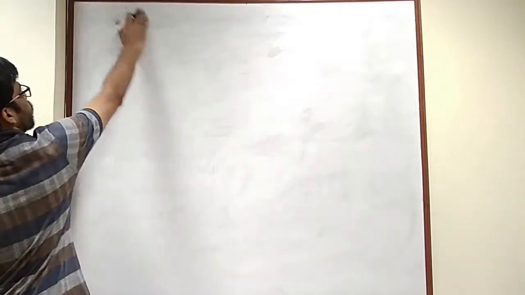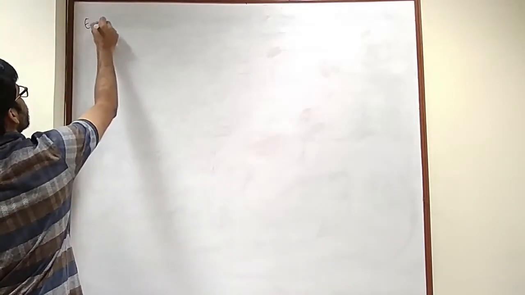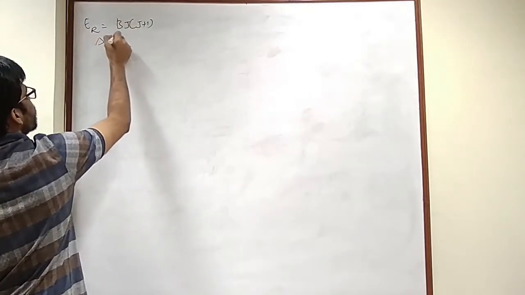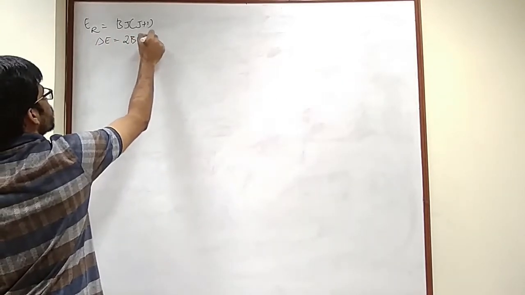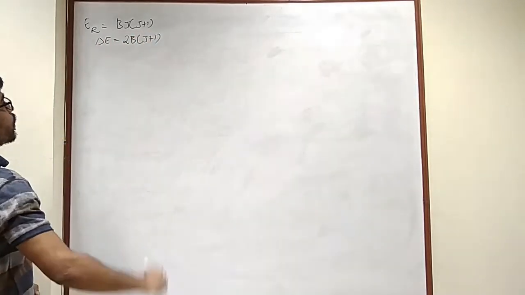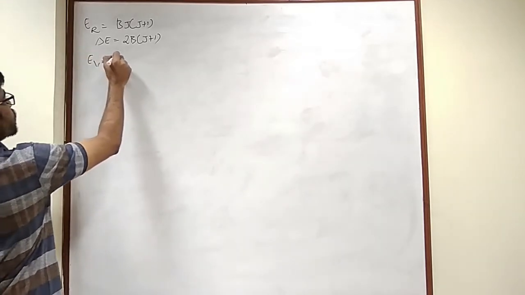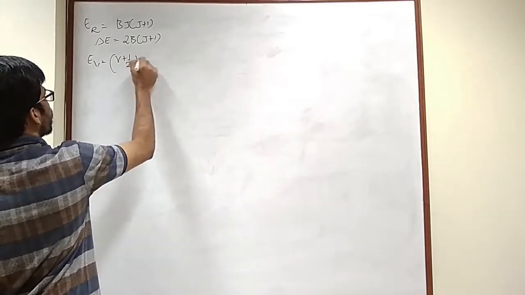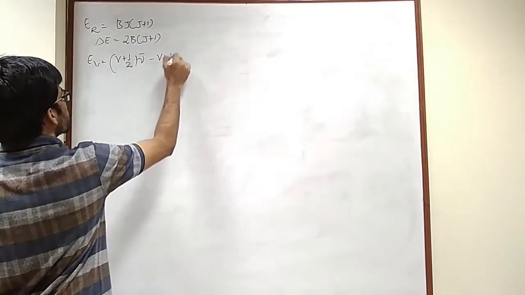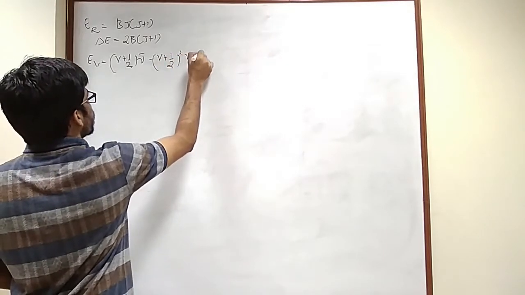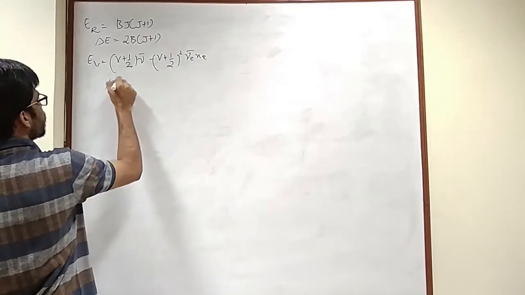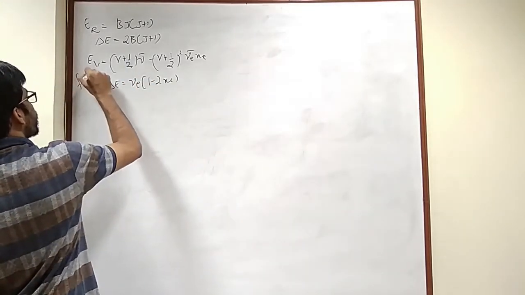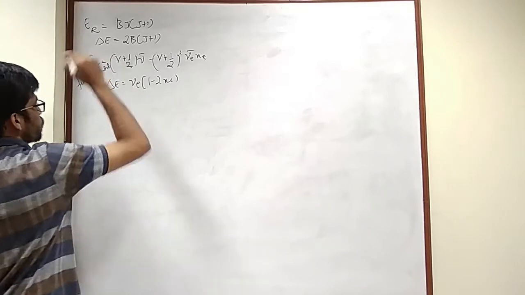So we know the rotational energy levels are given by BJ(J+1), and delta E is 2B(J+1). Now in case of vibrational energy levels, we have (v+1/2)ν̄ minus (v+1/2)² ν̄xe, and delta E is equal to ν̄(1 minus 2xe), considering only the fundamental mode of transition.